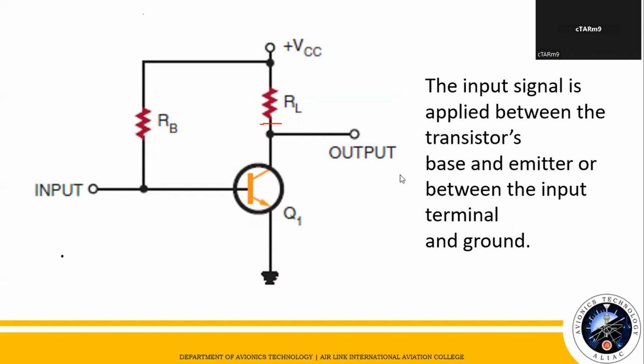So the output signal is developed between the output terminal and ground. Ulitin natin, the output signal is developed between the output and the terminal ground.